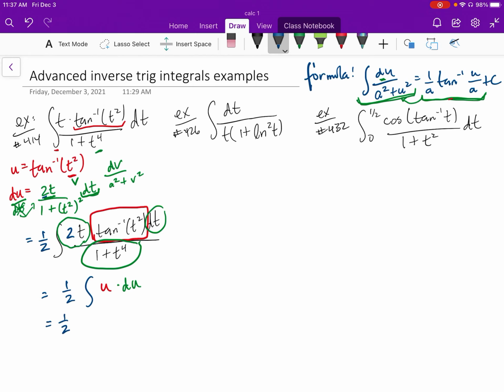So we integrate this, u squared over 2 plus c, never forget your constant, which therefore we get 1/4, right? 1/2 times 1/2 is 1/4. And back substitute u. We have u squared, but u was tan inverse of t squared, and then squared plus c. Okay, that is all u squared. And that's the answer. As ugly looking as that thing is, that's all we can do.